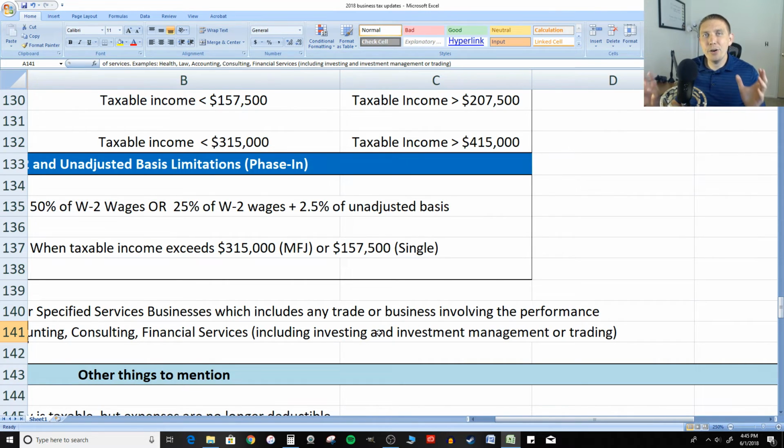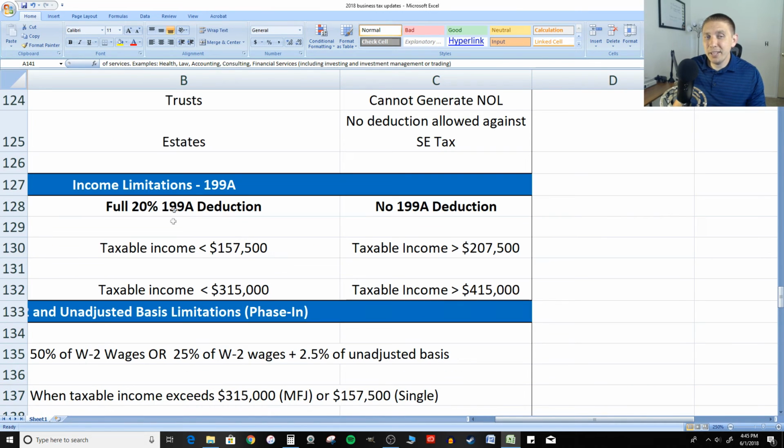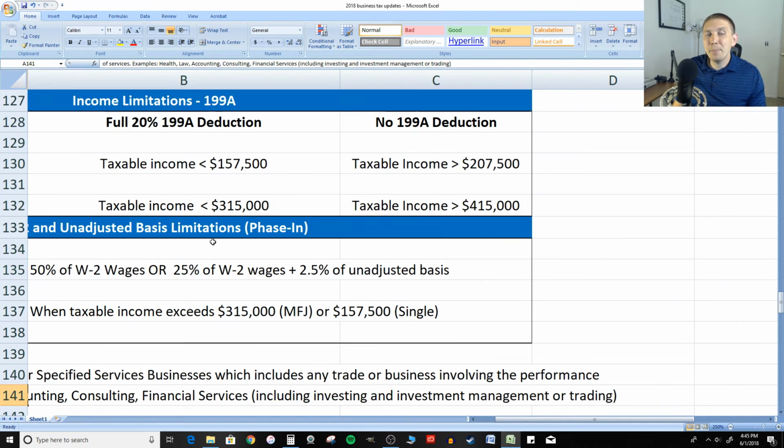Those businesses might have further limitations applied, so they may or may not receive this deduction. The way I understand it, if their taxable income is below these thresholds, they're still going to get the deduction. But if their taxable income overall is above them, they're going to struggle. They might have a very limited deduction from 199A, or they might get no benefit from it at all. So it just depends, but they're really hammering down on service businesses.